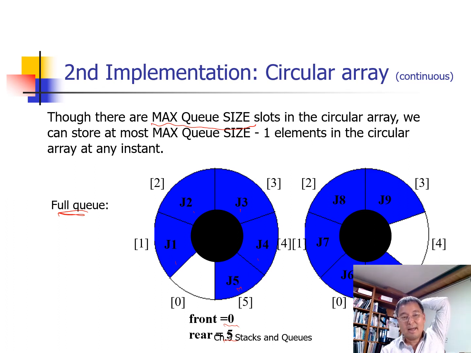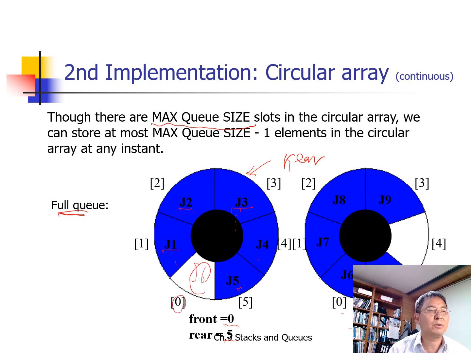Okay, and then if some data is deleted, J1, J2, J3 are deleted, then front will point to here, and after that J6 will be stored at the 0 point.